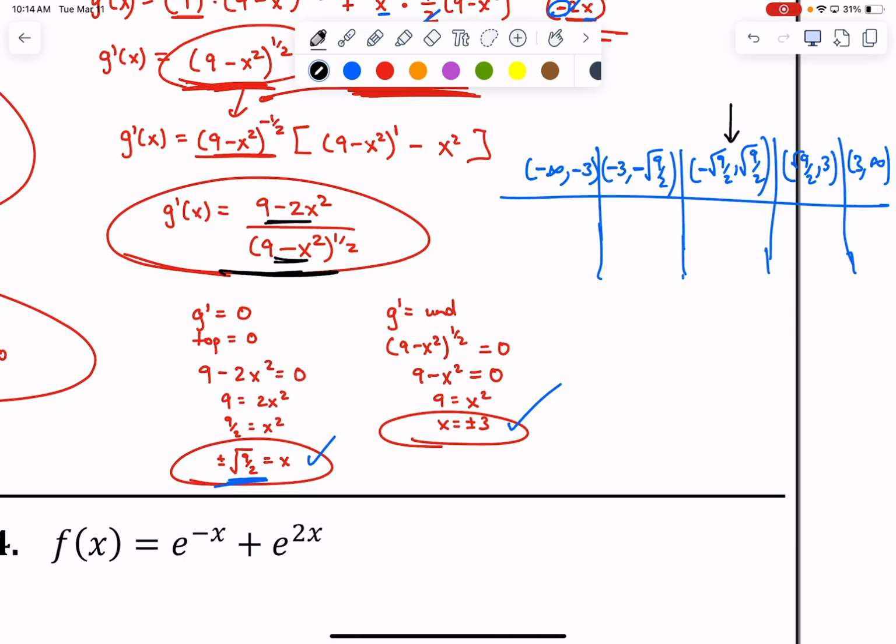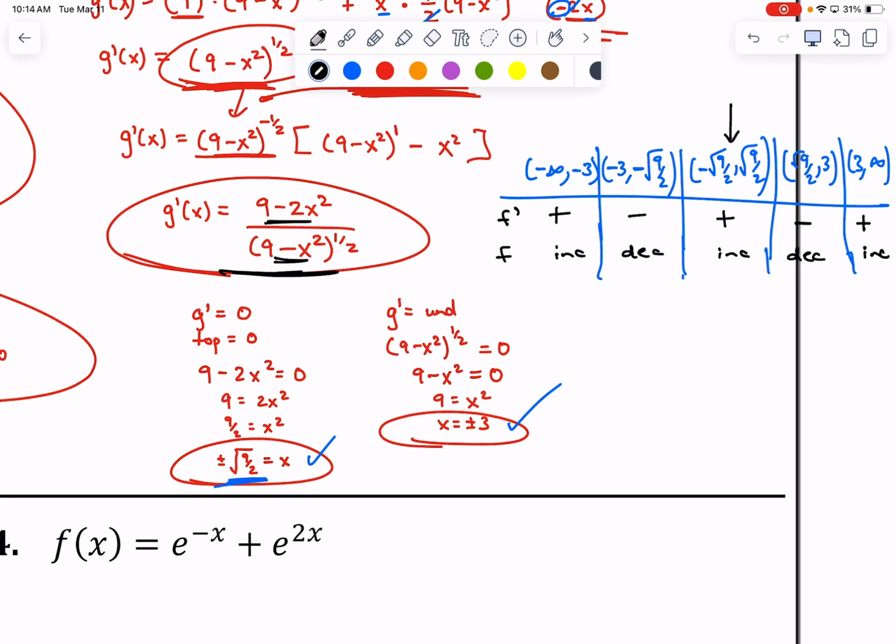If I put a 0 on bottom, what's it going to make? Positive. What's a positive divided by positive? All right, signs will alternate. Boom. All right, so that's my F prime line. So what does that tell us about F? It tells me it's increasing, decreasing, increasing, decreasing, increasing. I'm not going to write it out, though. Is that good enough for you?